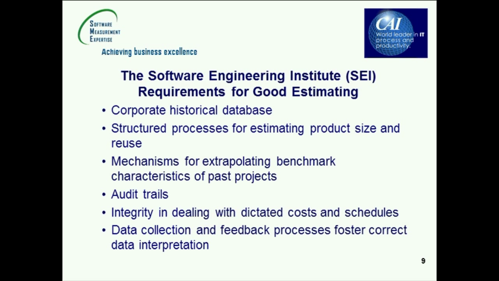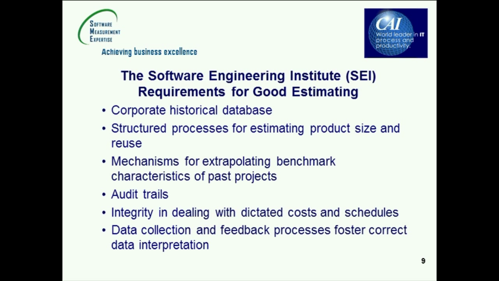The next bullet is audit trails. Audits are always a good idea, no matter what you're doing, to have audit trails for your future projects using your past projects, and you always want to be able to make sure that you can identify what you have done and support your estimations. The next bullet talks about integrity and dealing with dictated cost and schedules.